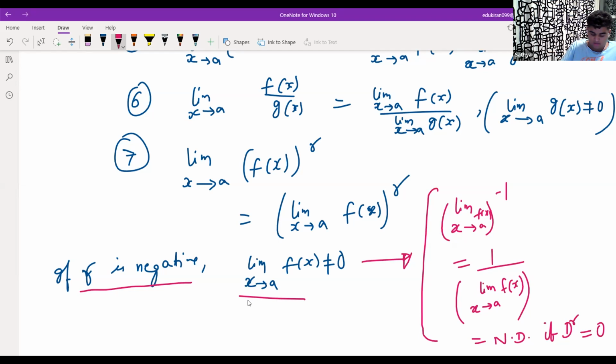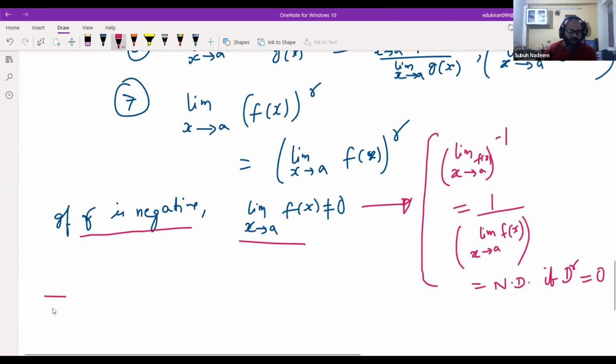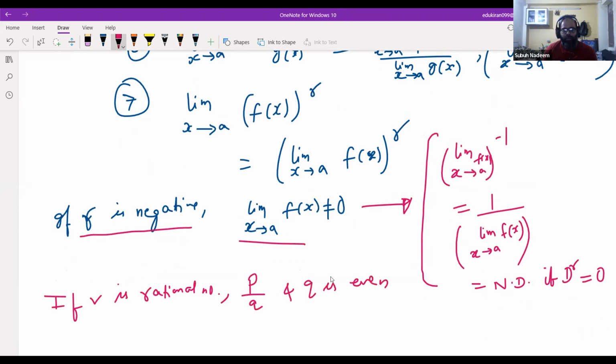Further, if r is a rational number like p by q, and q is even. If it is odd, then it is no issue.